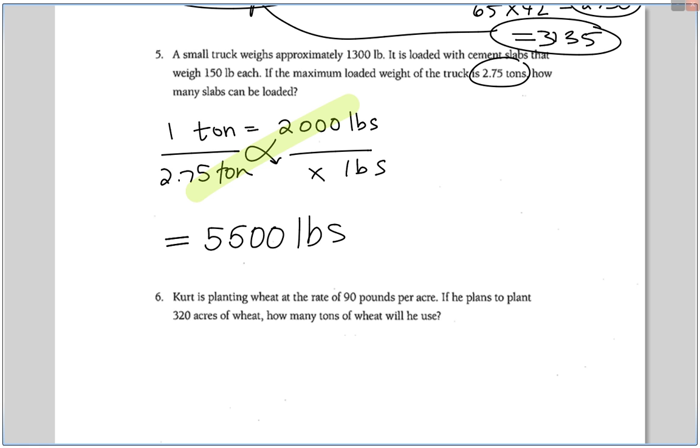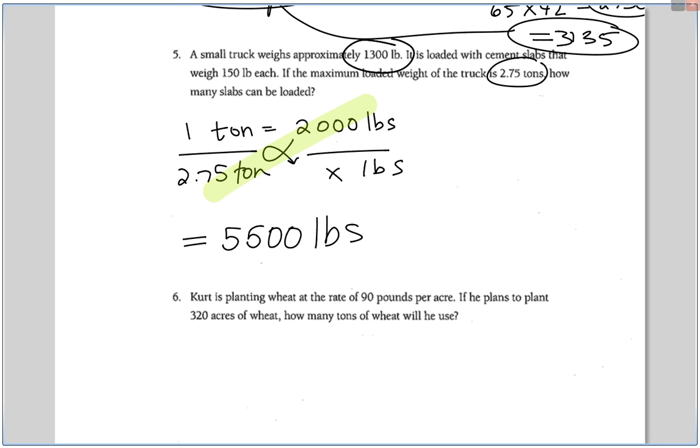Now what does it say again? Small truck weighs 1,300 and it's loaded with cement slabs that weigh 150. How many slabs? Okay, so let's take off the 1,300 for the truck. I think you do that. I don't know why they would include it otherwise.